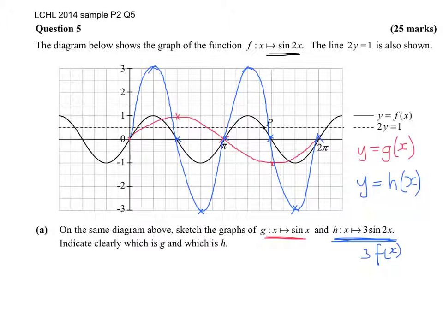I should point out with both these two graphs that you've drawn that you should continue the graph in both directions. So beyond that basic section that we're concentrating on from 0 to 360, you need to carry on your graph in both directions. And for the second one, h of x, again the same idea.